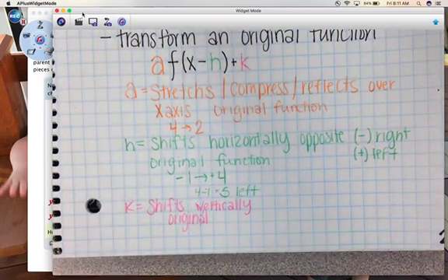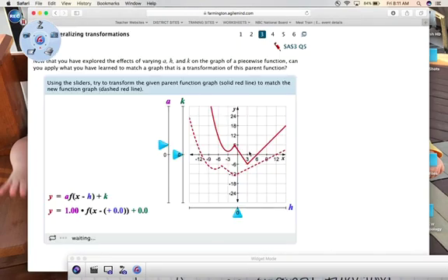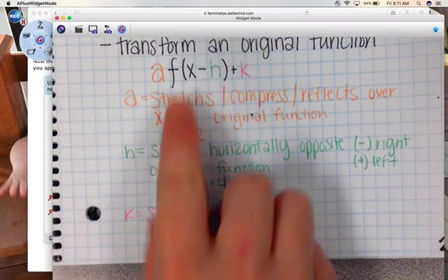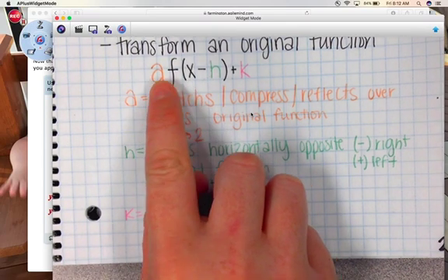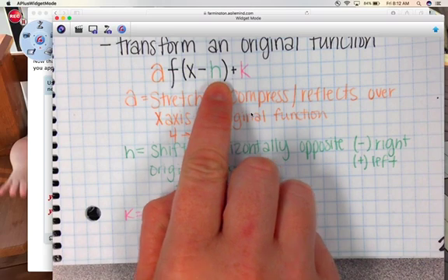Okay, so if we look back at this animation over here, this is that original that we just looked at. So this is the original function. So this f of x right here just means take the original function, either stretch it or compress it, and move it left or right, and then move it up or down.